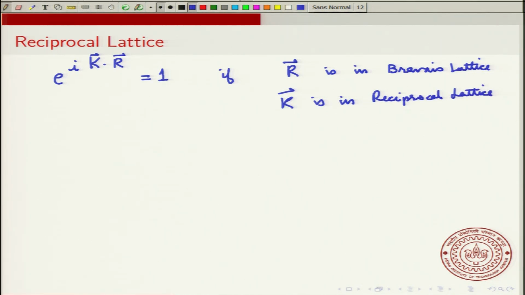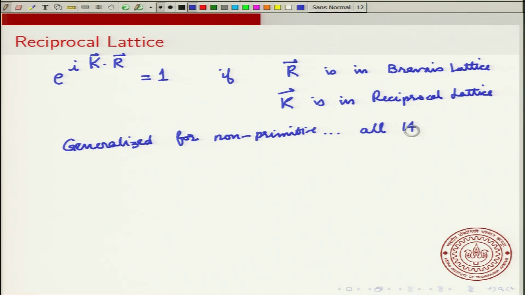Now, I took this for the case of a primitive lattice, but this can be generalized for non-primitive, basically all 14 Bragg lattices.